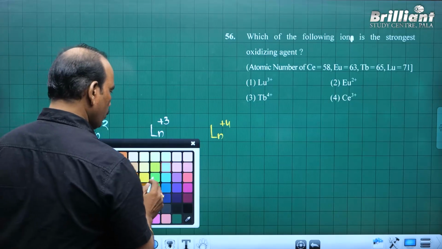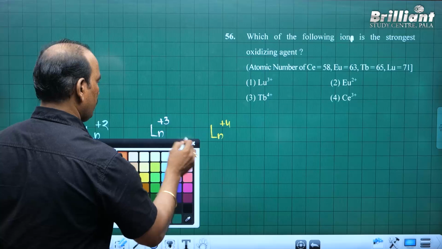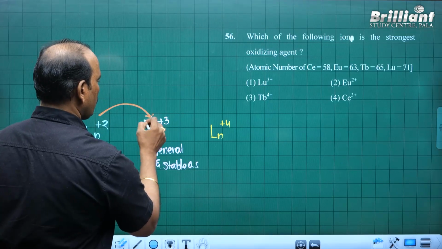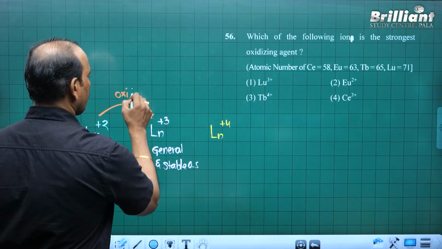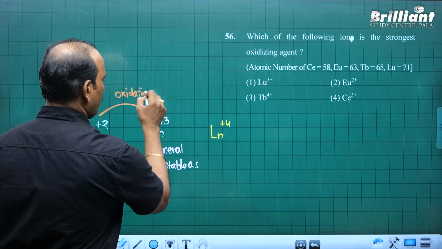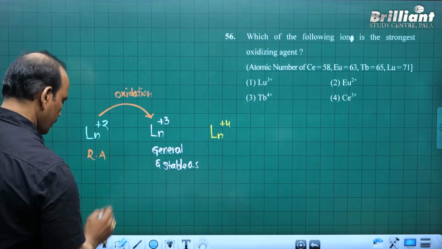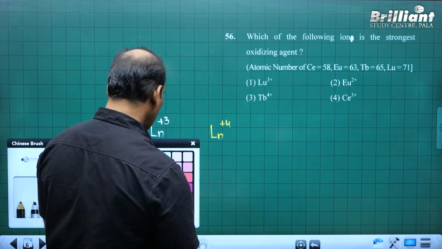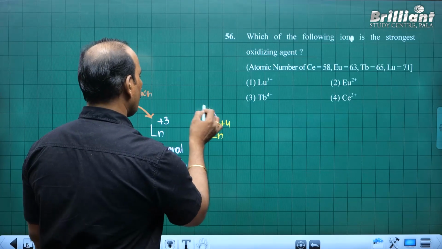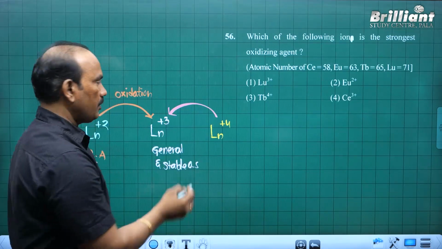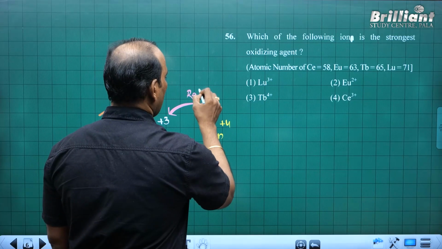So, we are going to this side, this one. What is the process? The oxidation. So, this is a reducing agent. Clear? At the same time, here you go to this side, this is reduction.